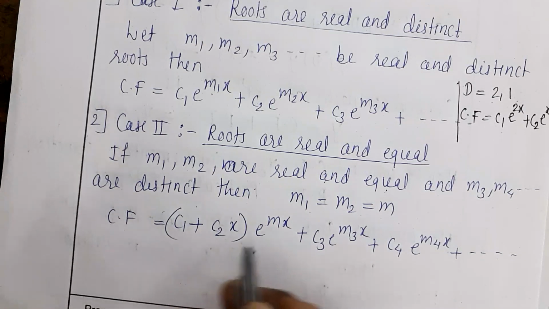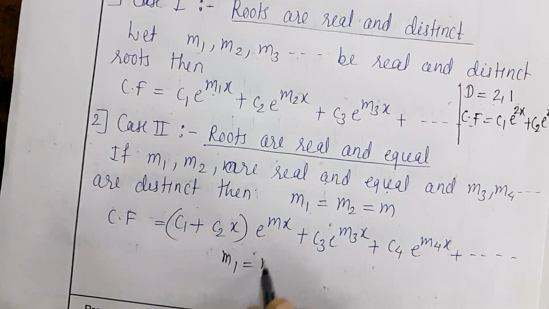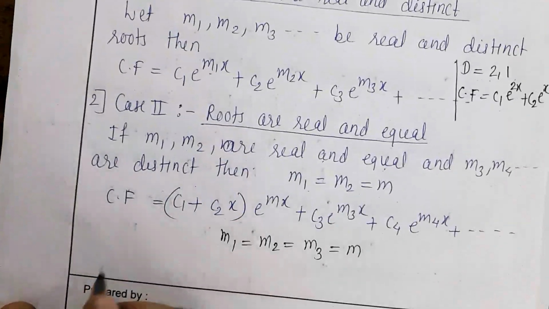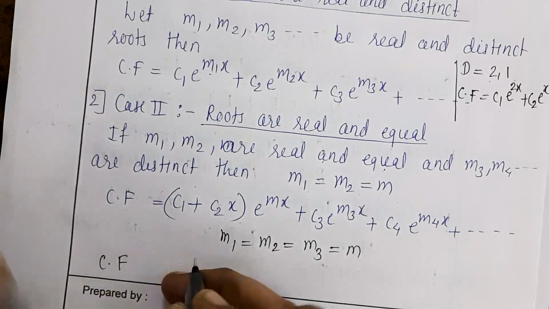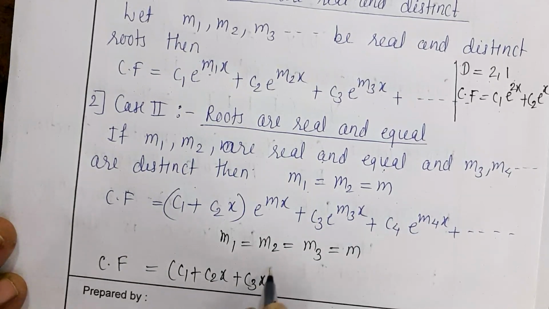So if 3 roots are equal, suppose m1 is equal to m2 is equal to m3 is equal to m, then Cf can be written as c1 plus c2x plus c3x square, multiplied by e to the power mx.